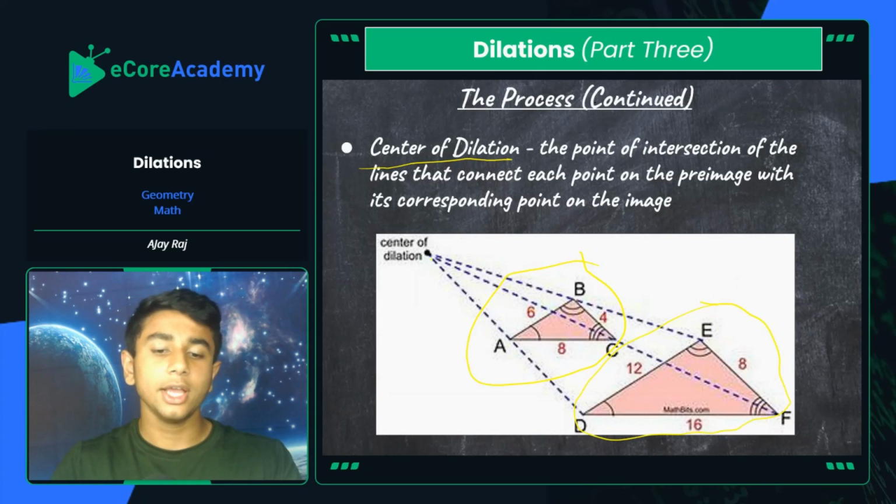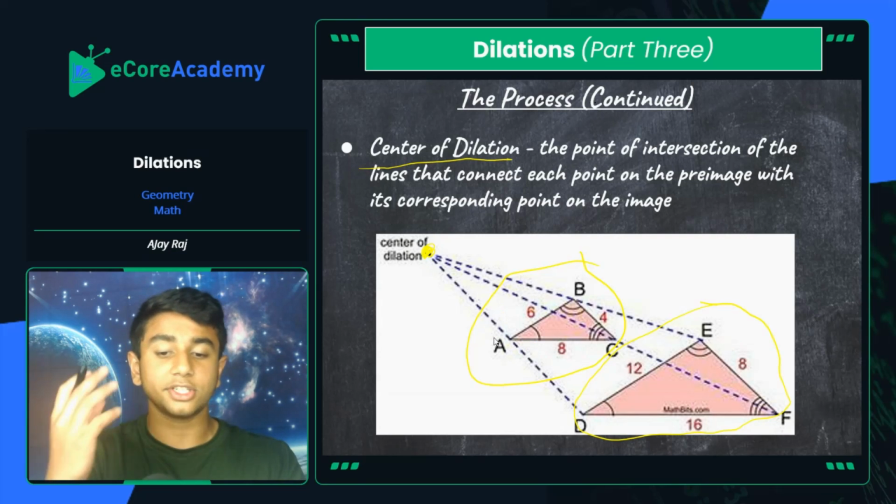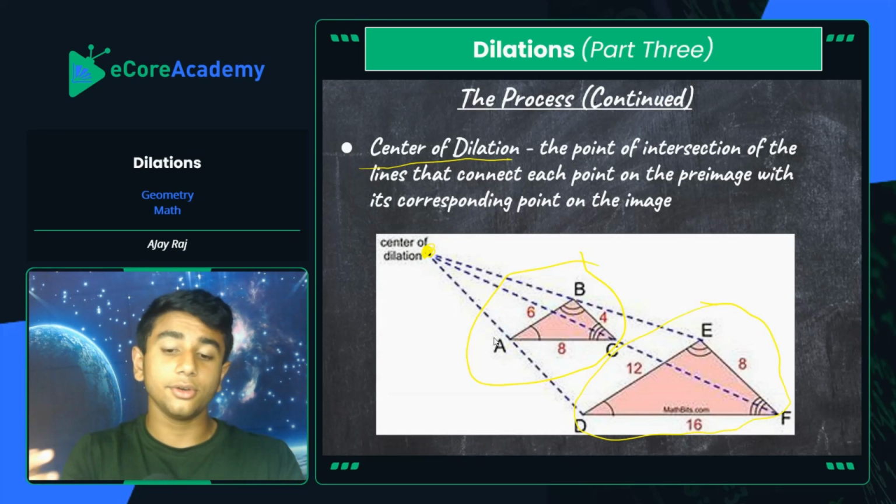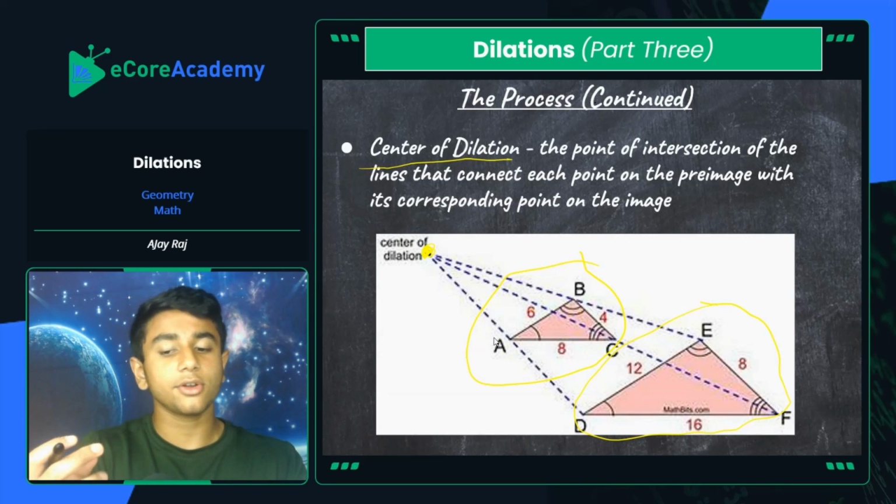You would have to identify some sort of center of dilation. In order to calculate the dilation you'd be given, you're given a scale factor, correct? And what you're trying to do is represent that scale factor and create an image.